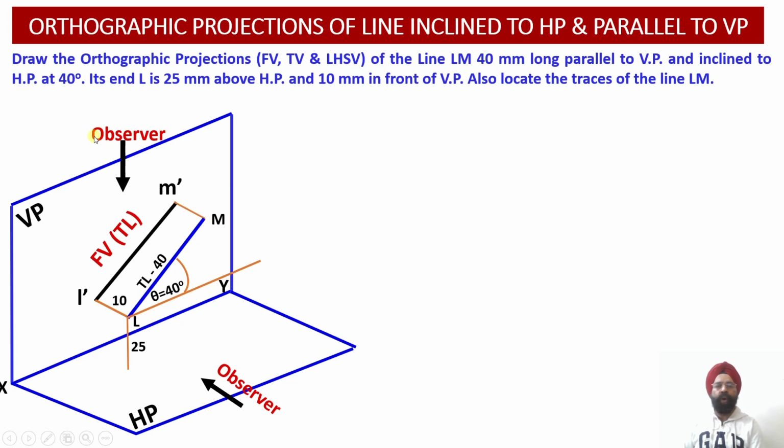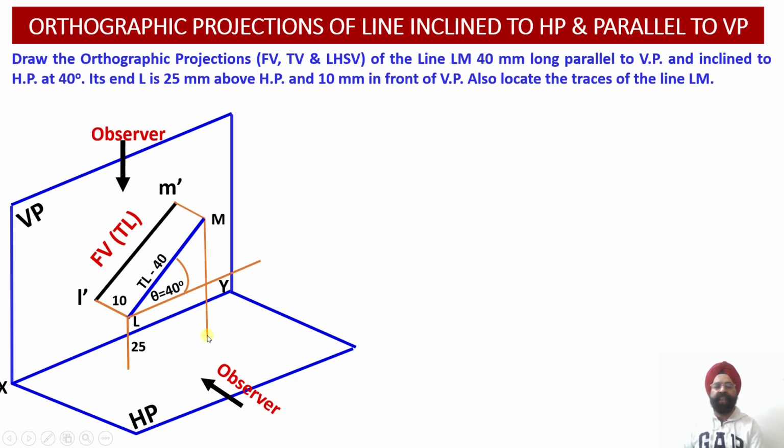Now when an observer is going to look at this particular line LM from the top, we will find that we are going to observe the shortened projections of this particular line LM in the top view projections, which will be obtained on the horizontal plane.